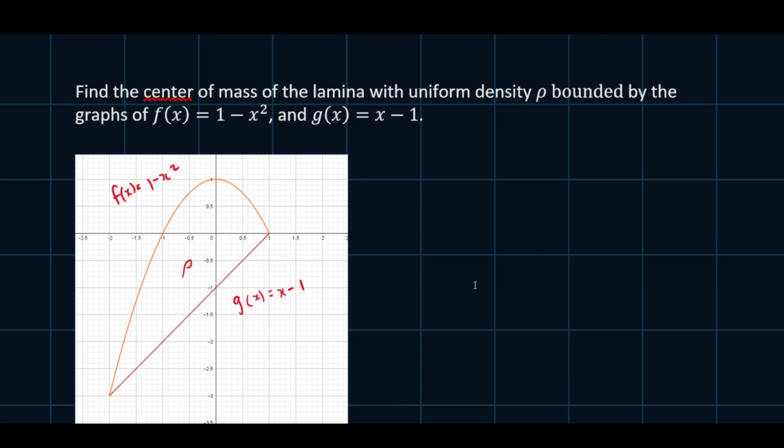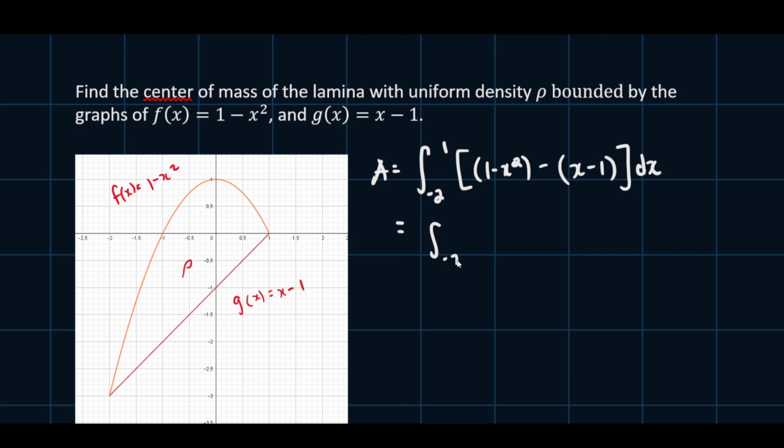So, the area is given by the definite integral from negative 2 to 1 ng 1 minus x squared minus x minus 1. Okay, solving this will give us definite integral from negative 2 to 1 ng 2 minus x squared minus x dx, which will give us 9 halves.